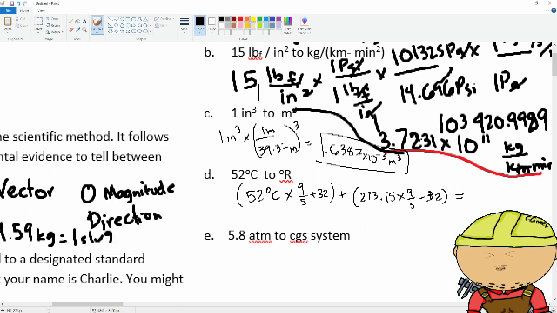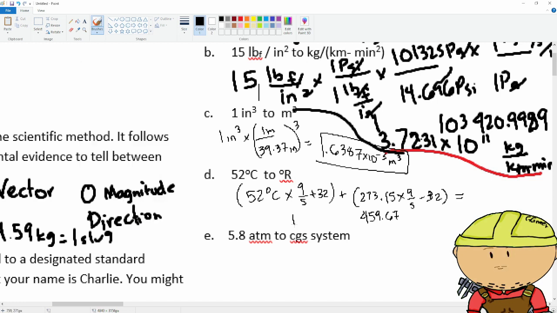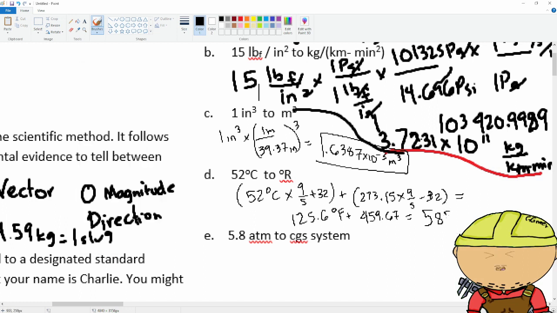Then you add 459.67. Right? So what is 52 degrees Celsius? 52 times 9 divided by 5 plus 32 is 125.6. 125.6 degrees Fahrenheit plus 459.67 is 585.27 degrees Rankine.